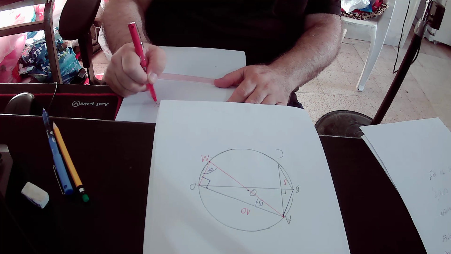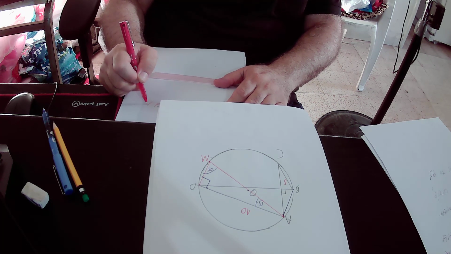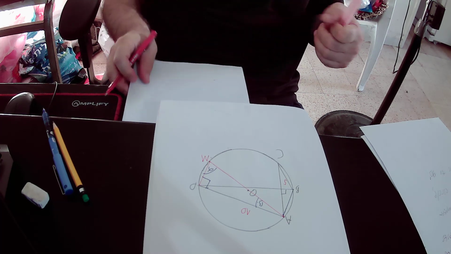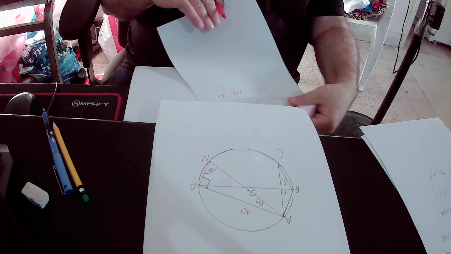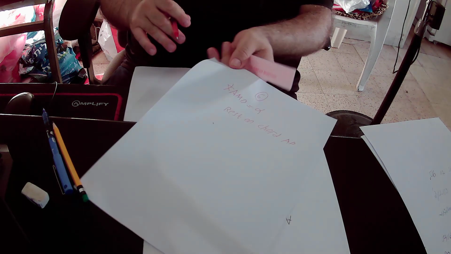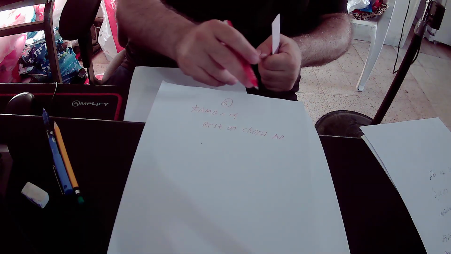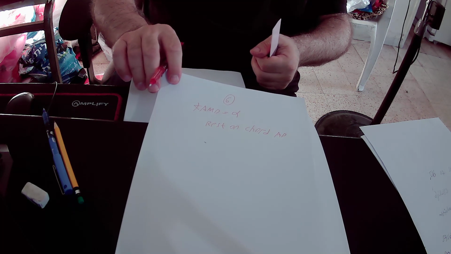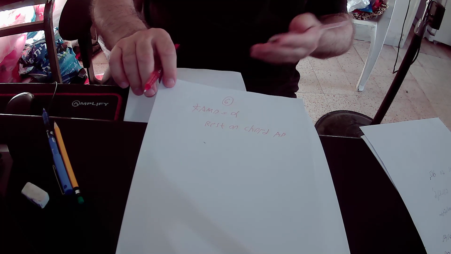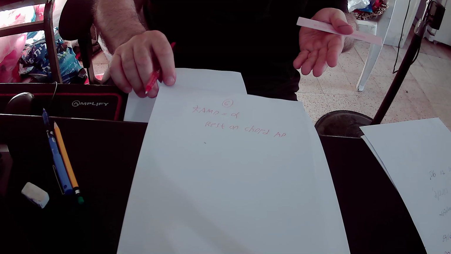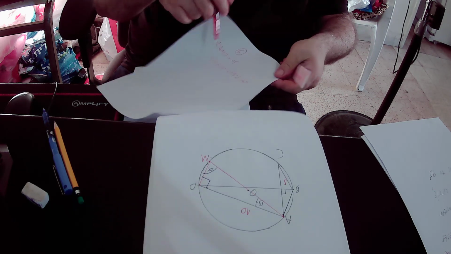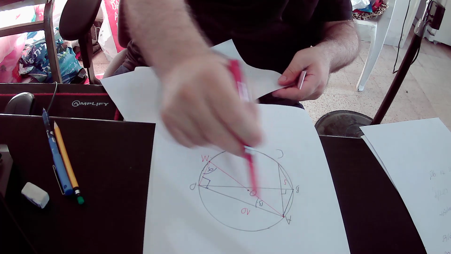Angle alpha rests on chord AD of the circle. Okay? Angle alpha equals angle AMD, and it rests on chord AD of the circle.